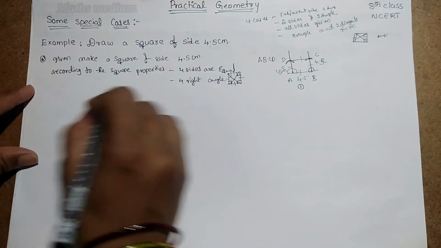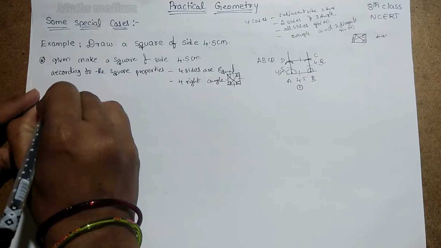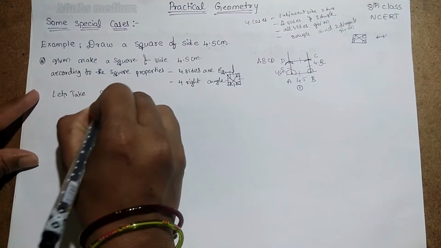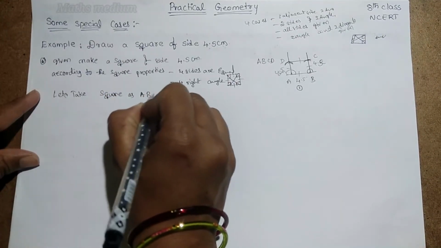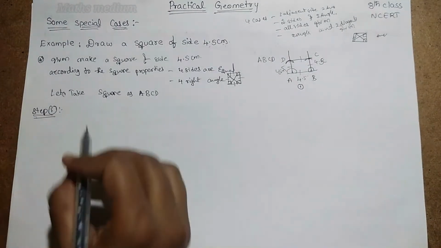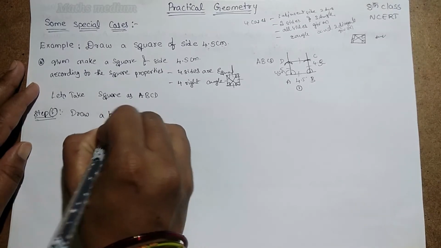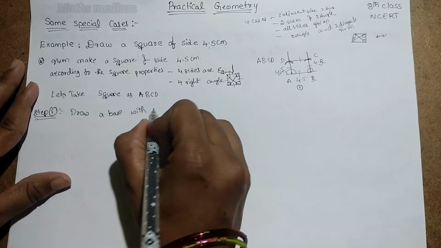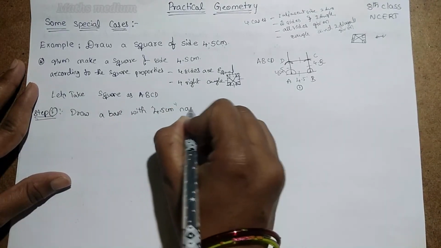First of all, going into the step-by-step procedure, we have to name the square. So let's take the square as ABCD. Step 1. Here draw a base, we take AB with 4.5 centimeters.